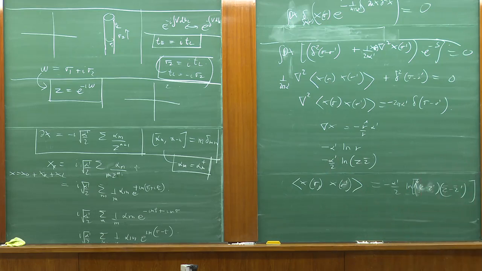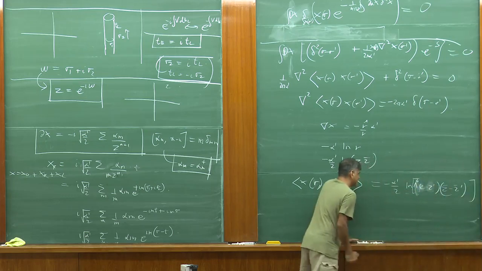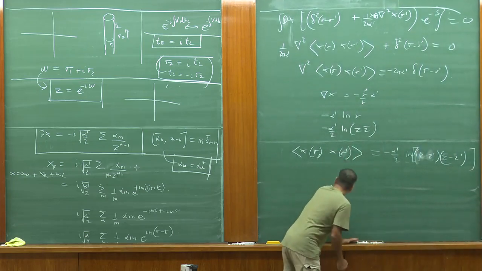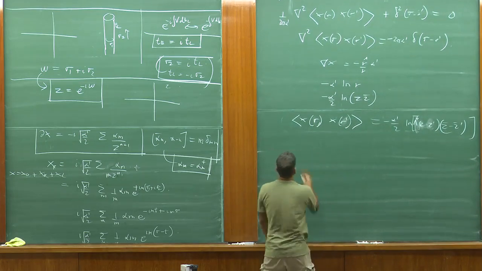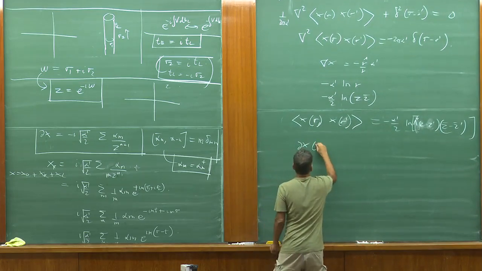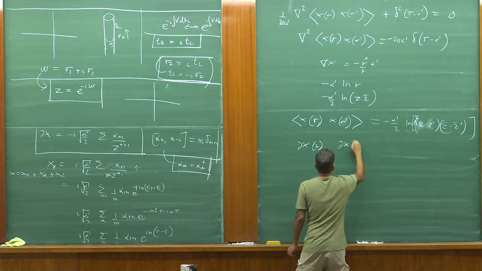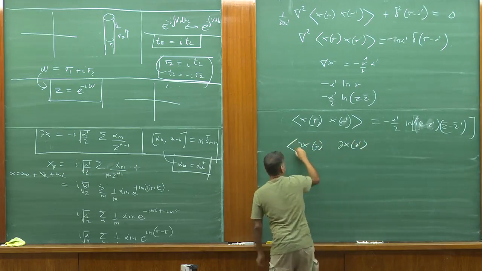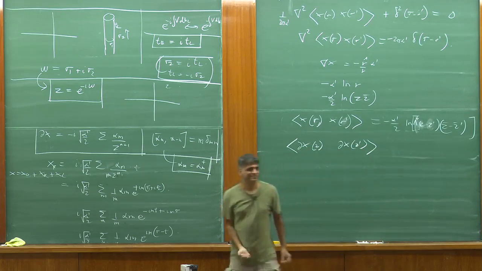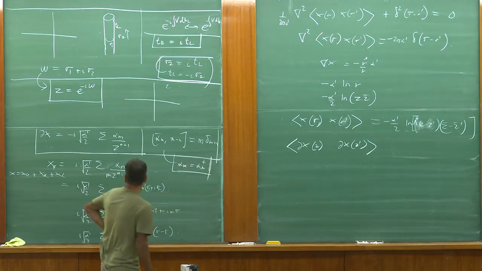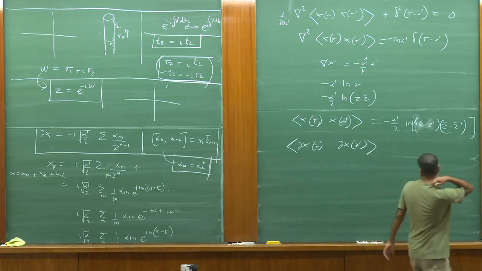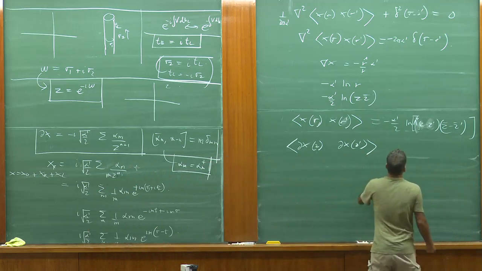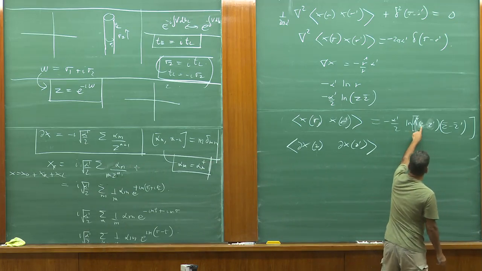Now that we have this in hand, let us use this to compute del x of z, del x of z prime. So first we differentiate with respect to z.